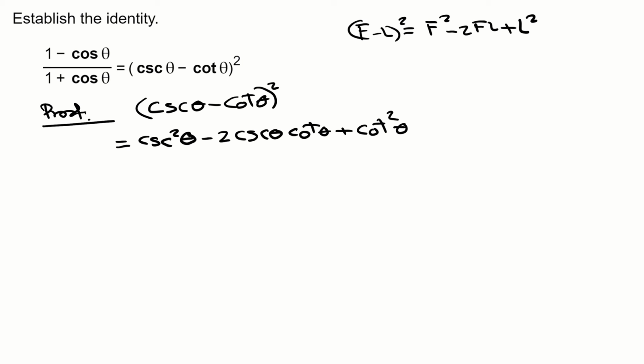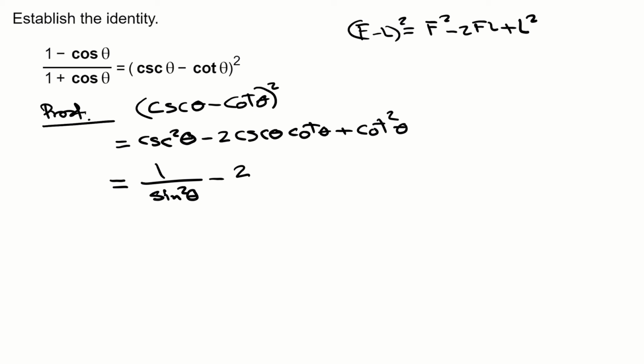Now, if we recall, we can go ahead and write the cosecant squared as 1 over sine squared theta minus 2. We'll go ahead and convert everything to sines and cosines.